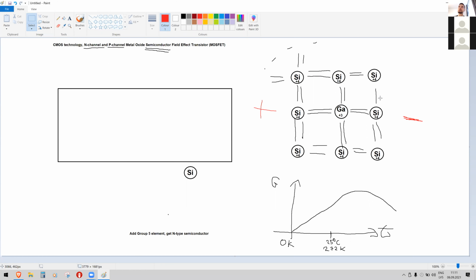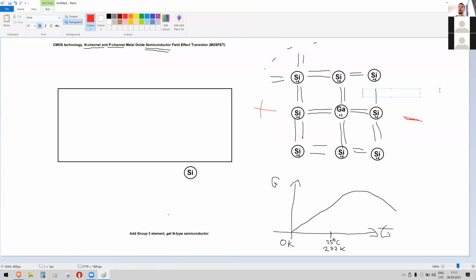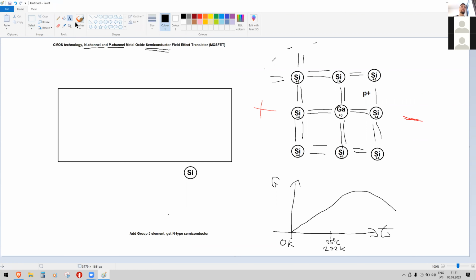And these places which lack this electron are called holes. I will write P and plus here. But, you know, it's like here is a hole and it's kind of static.